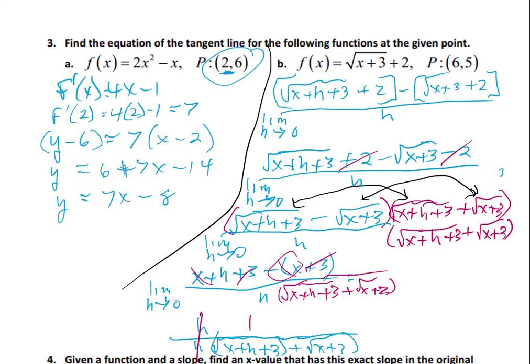The square root of x plus h plus 3 plus the square root of x plus 3. Now think with me, as h is approaching 0, we're talking about the limit here, as h approaches 0. That means this is going to drop out, which is going to leave me 1 over the square root of x plus 3 plus the square root of x plus 3.